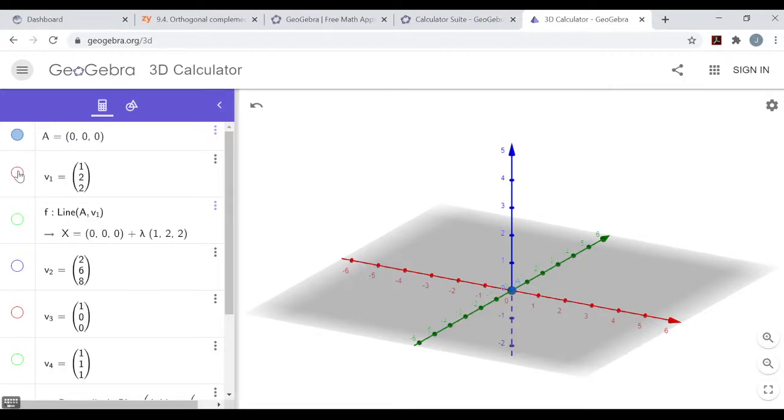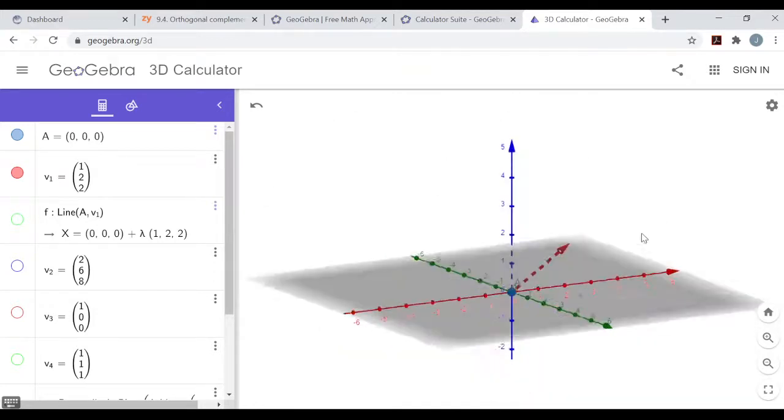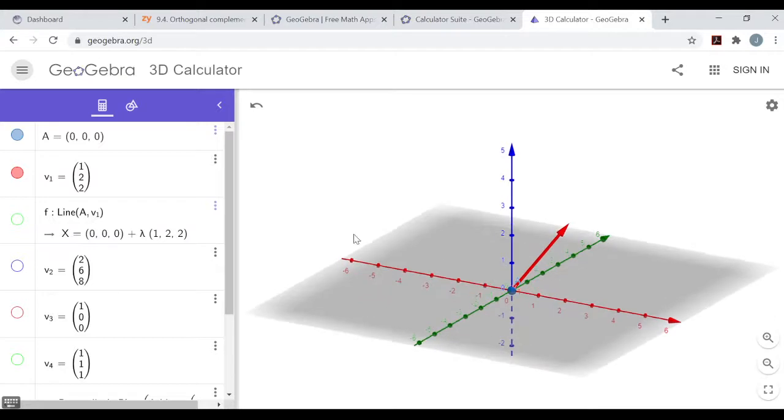So here's the vector (1, 2, 2): 1 in the red, 2 in the green, 2 in the blue direction. And you can see the way it's pointing here. Just move this around a bit. And here's the span of (1, 2, 2), that green line that contains every scalar multiple of (1, 2, 2).